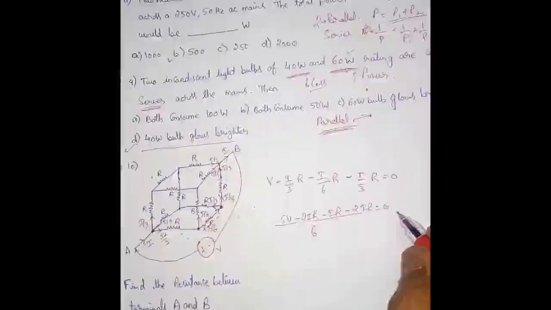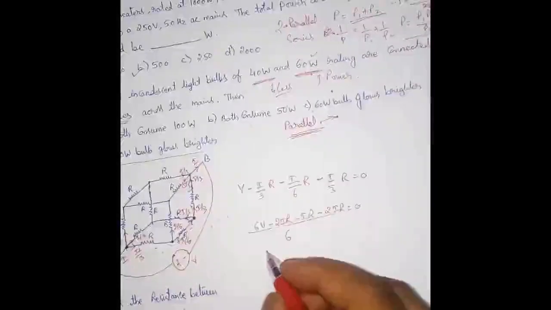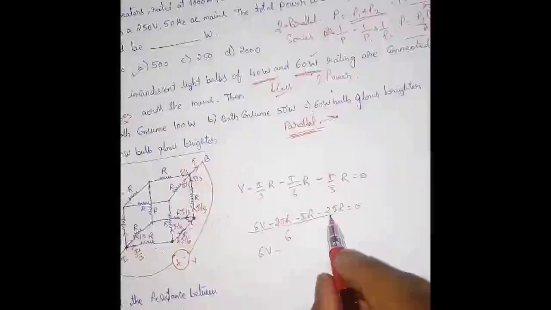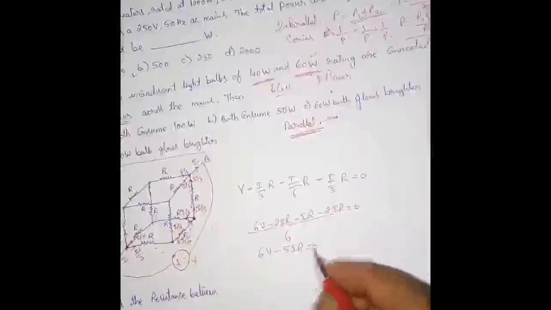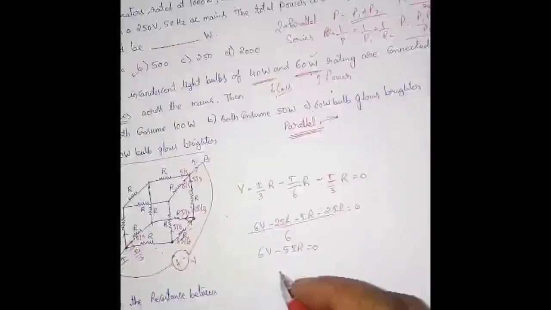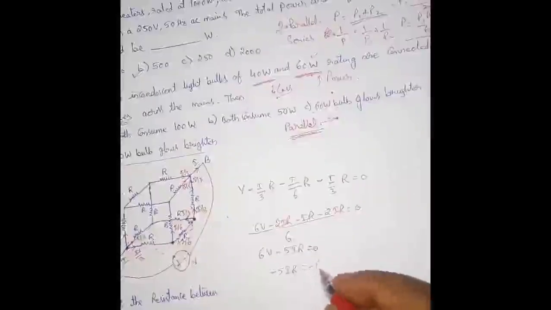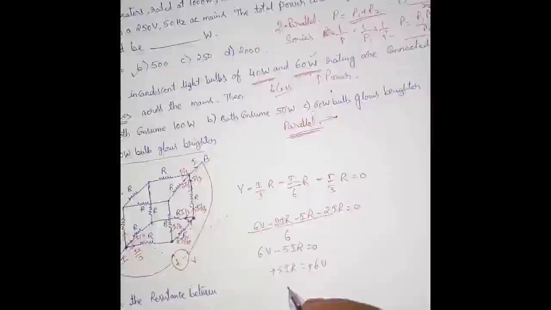Taking the 6 to the RHS, it becomes 0. So we get 6V minus 2IR, 4IR, 5IR, equal to 0. Therefore, we can write minus 5IR is equal to minus 6V, and the minus signs cancel.